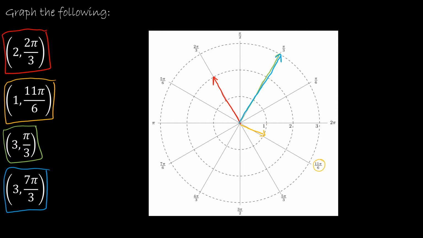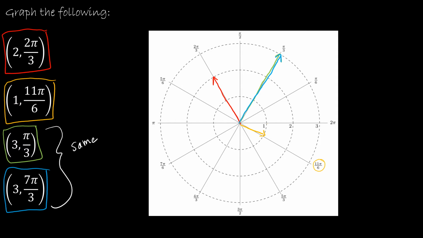Now, the reason I gave you two that were the exact same is because I wanted you to understand that on the rectangular system, every coordinate is unique. If I say 4 comma 5, that's one position, and that's the only way that I could label that point. Whereas on the polar coordinate system, these two are actually the same point.